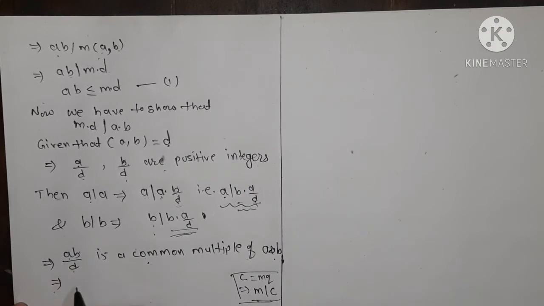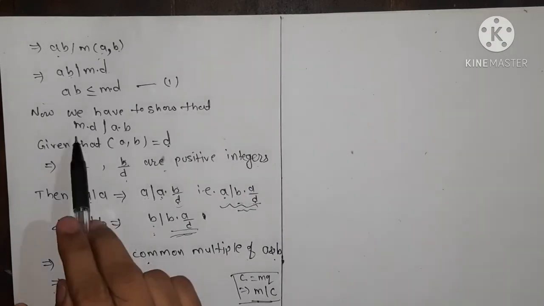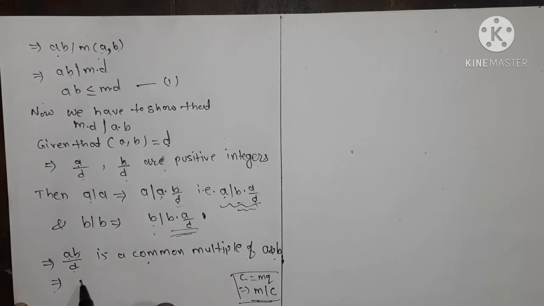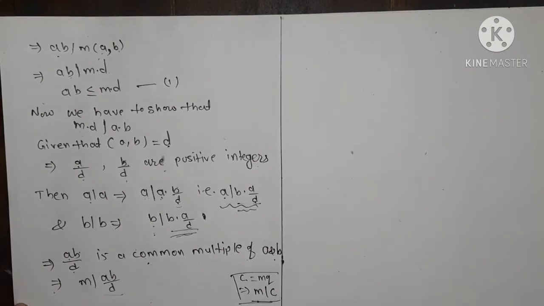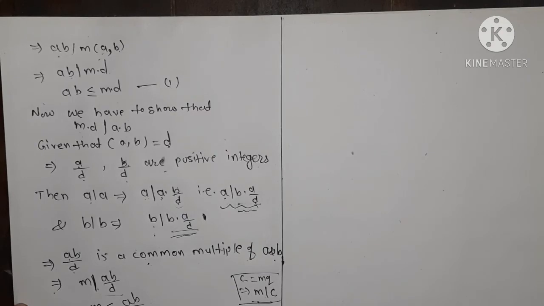So since M is the LCM, M divides AB upon D. Now we take this to this side. This implies M is less than or equal to AB upon D because of the divisibility. And so we take this D to this side. So M into D is less than or equal to A into B. Okay. So this is the second equation.